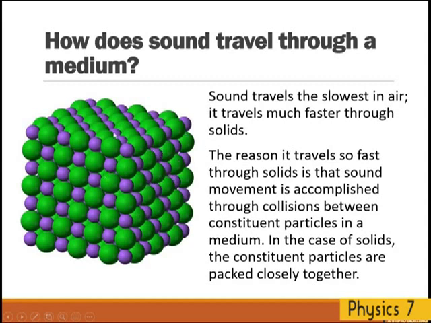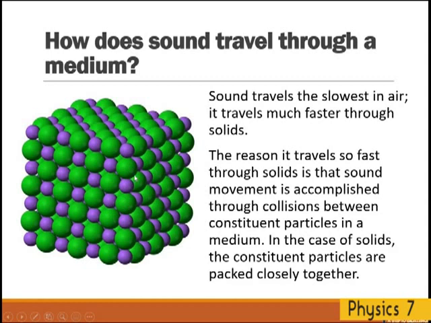In the case of a solid medium, the particles are closely packed against one another, which means that the vibration can be transmitted quite easily from one particle to another because they're touching each other. A bit like, for example, the domino effect. When you drop a domino and it hits another domino, it continues the pattern of colliding with the neighboring domino.